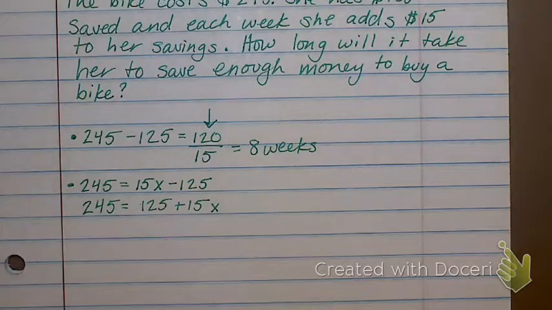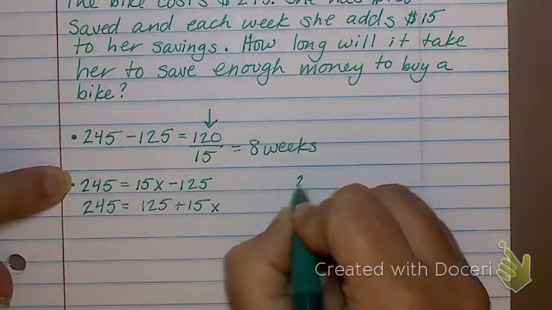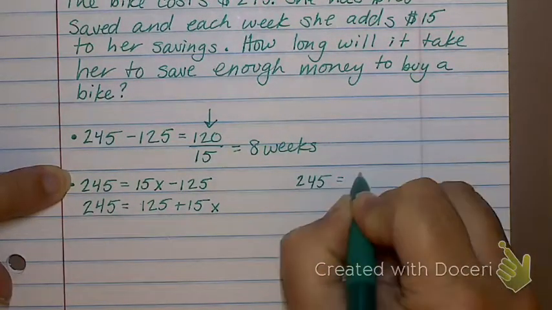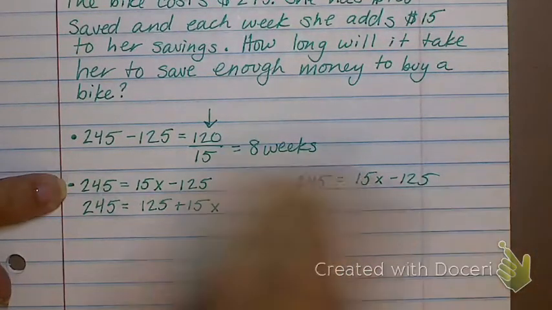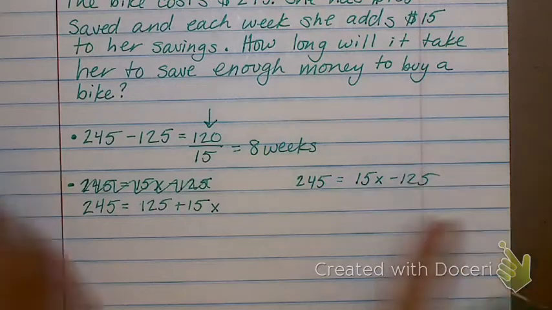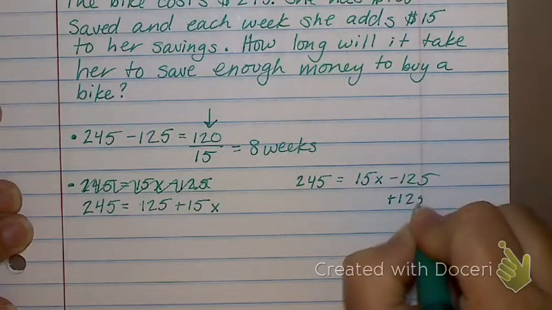Now, question for you. I'm going to write this first one over here again, just so that I have room to actually do some solving. So going back to that first equation that I had, if I were to solve this, wouldn't I add 125?